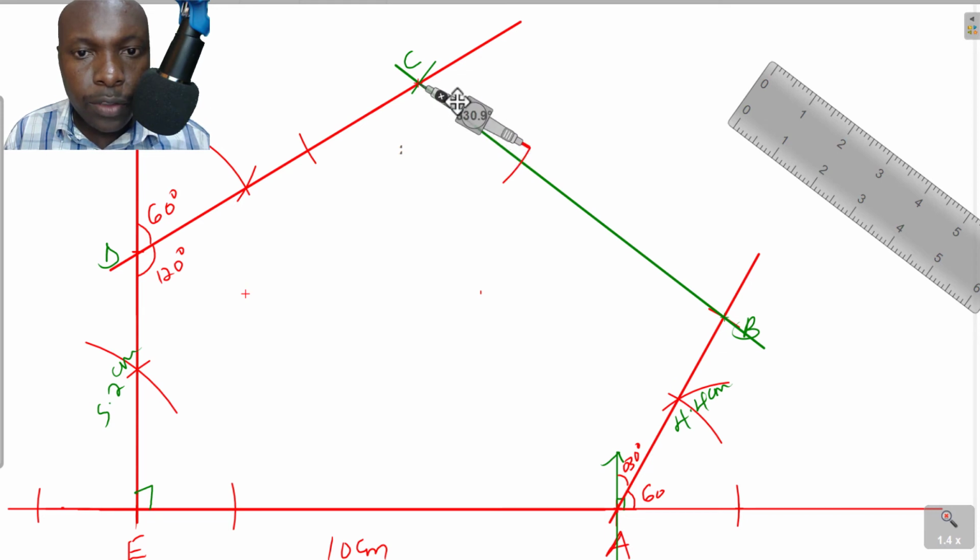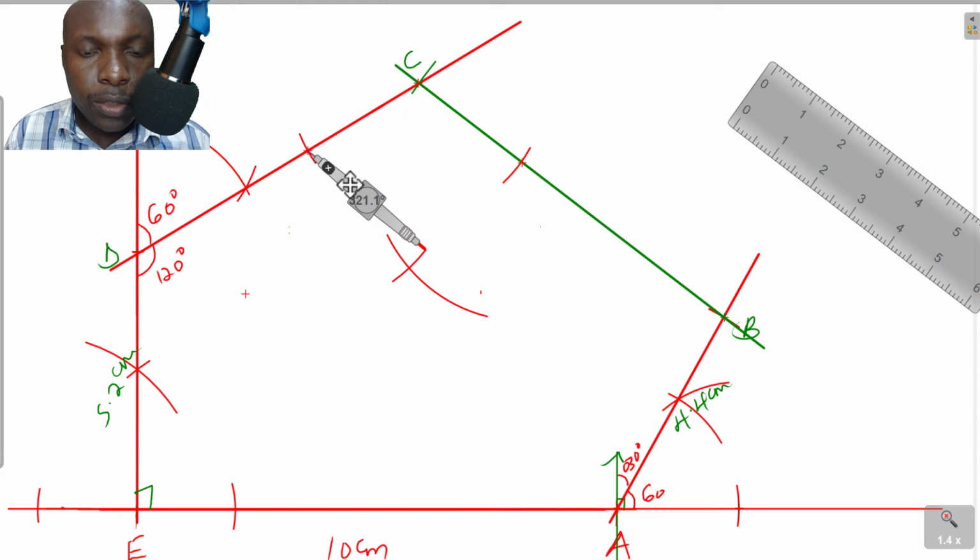After making those two arcs, shift the compasses, stand on one arc that you've drawn, extend a little bit, and mark an arc there. Then standing at that arc, you cut this arc. So that is how you bisect that angle.